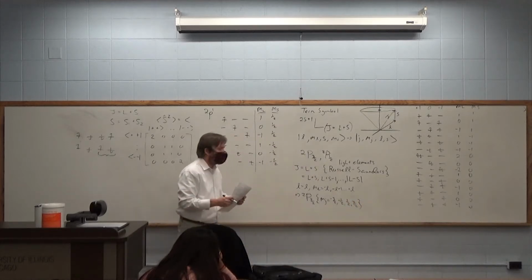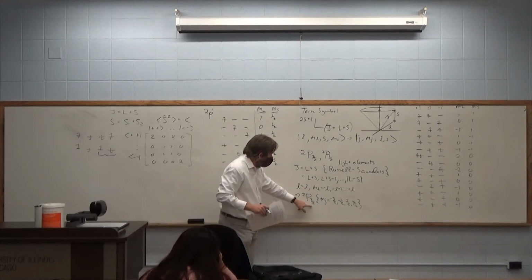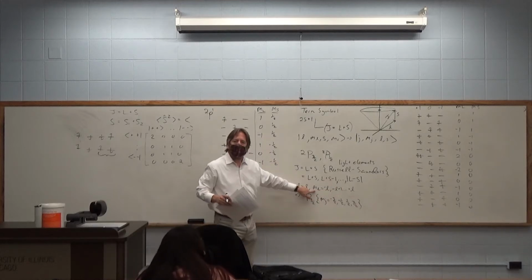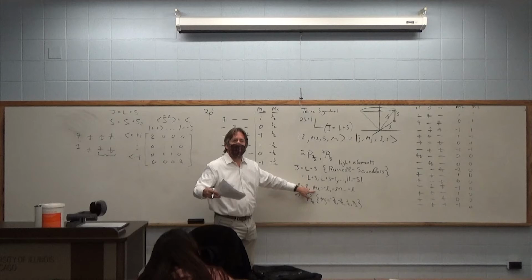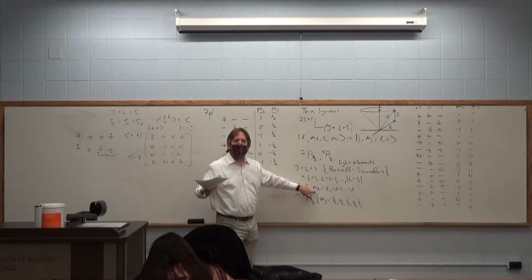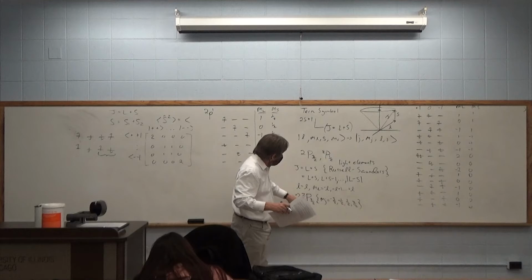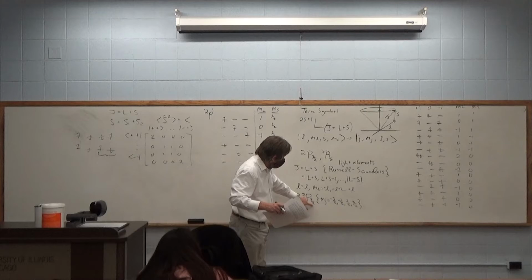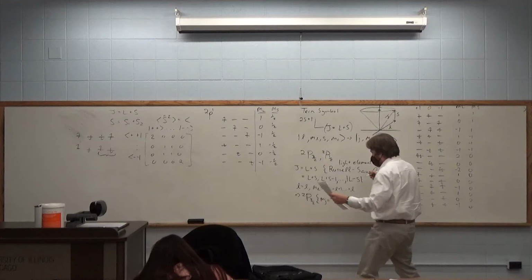So you see that? In the same way that you have 2L plus 1 when you learned about the hydrogen atom, and you learned about P's and D's and F's, there are 2L plus 1 of them. So there are 3 P's, 5 D's, 7 F functions, and I don't think anyone has a G. So when you have a 2P 3 halves, you end up with those M sub J's.